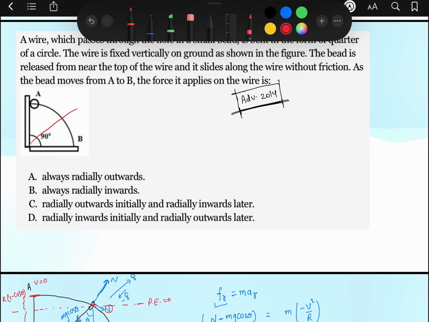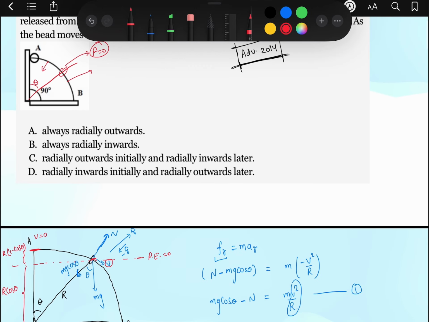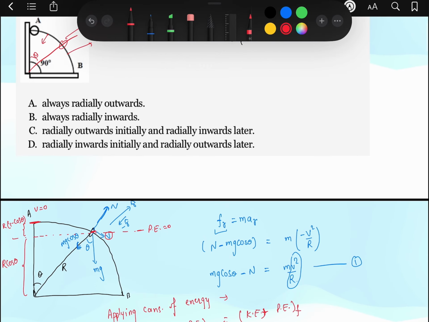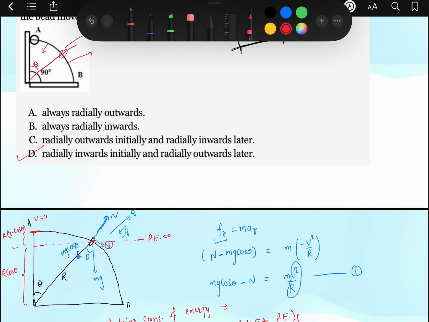For this particular angle theta, that cos theta is equal to 2 by 3, the bead is applying force in inward direction, then after it will be in outward direction, and at this point the force will be 0, since normal will be 0. Okay, so option D is correct. Radially inwards initially and then after radially outwards. So this option D will be correct here.